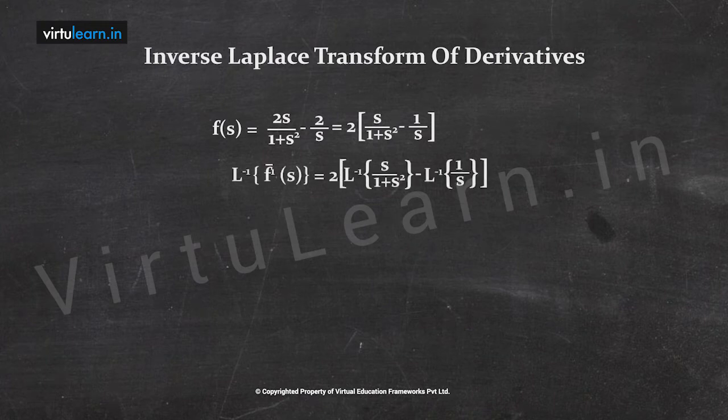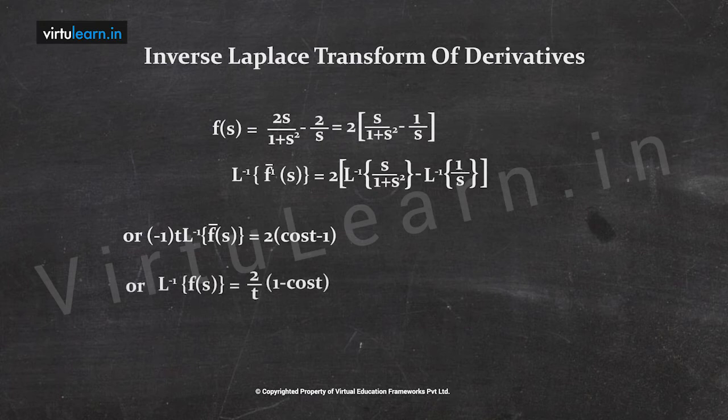Now L inverse of the first derivative of f bar of s is 2 into L inverse of s by (1 plus s square) minus L inverse of 1 by s. The answer is (-1)^1 t^1 times L inverse of f bar of s, with n equal to 1, which equals 2 cos t minus 1.